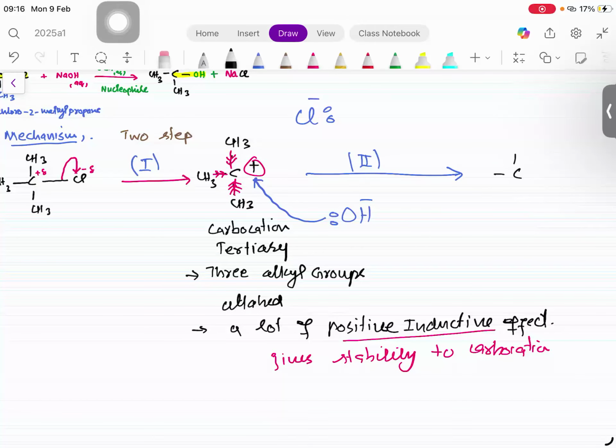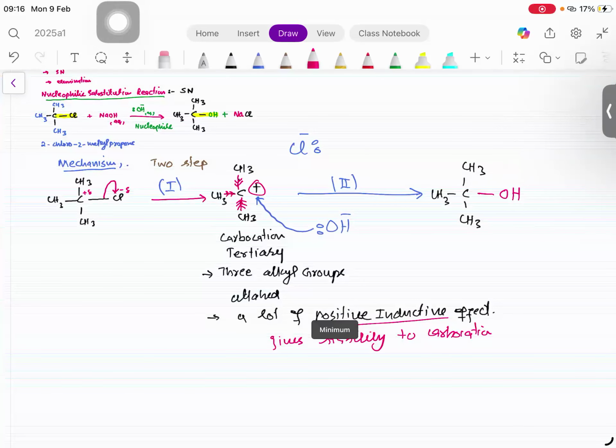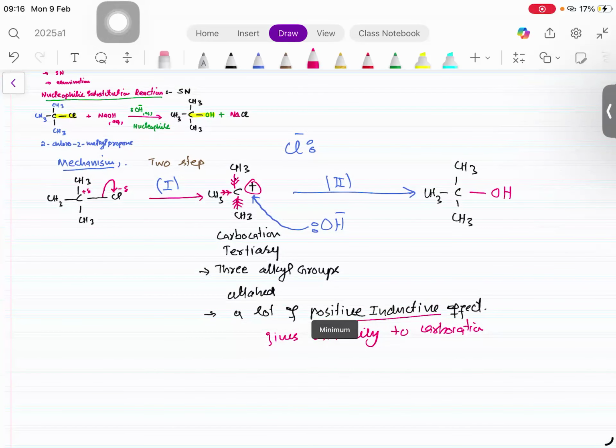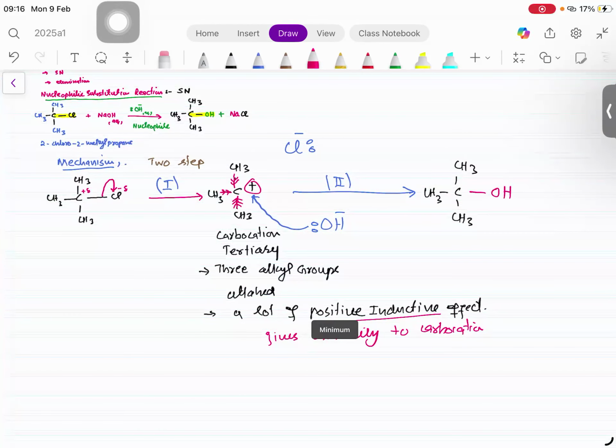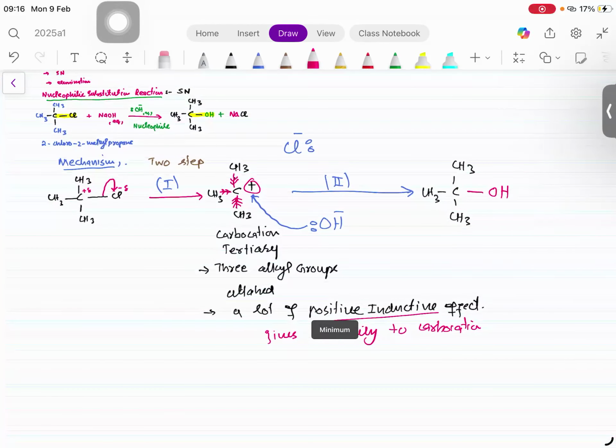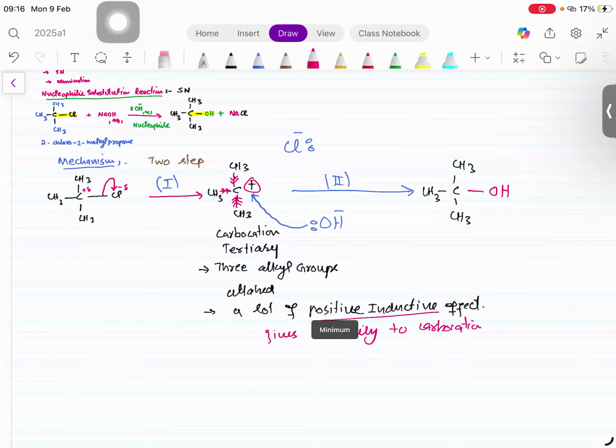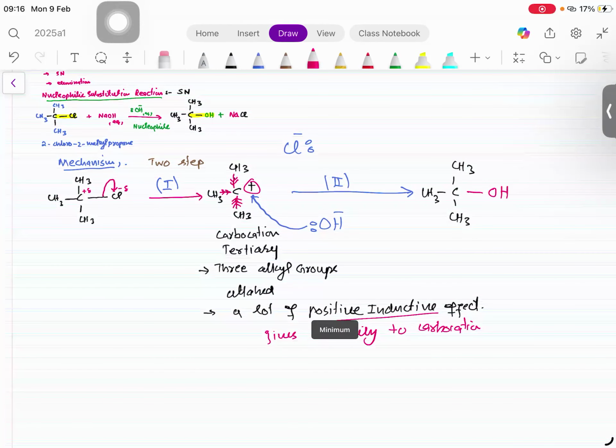So CH3, CH3, CH3, and OH is formed. In simple words, the mechanism is two-step: in the first step the leaving group leaves, the Cl goes up, and in the second step the OH comes and takes its place.